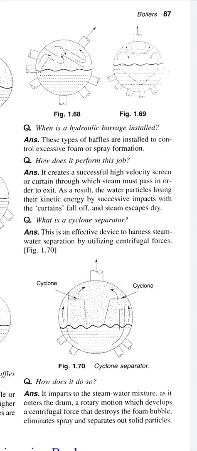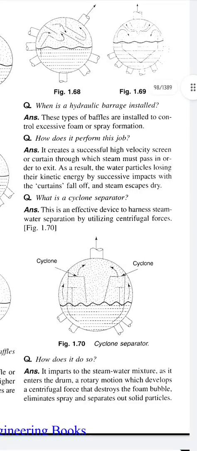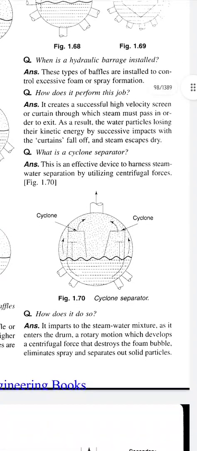Question: when is a hydraulic barrage installed? Answer: these types of baffles are installed to control excessive foam or spray formation. Question: how does it perform this job? Answer: it creates a successive high velocity screen or curtain through which steam must pass in order to exit.